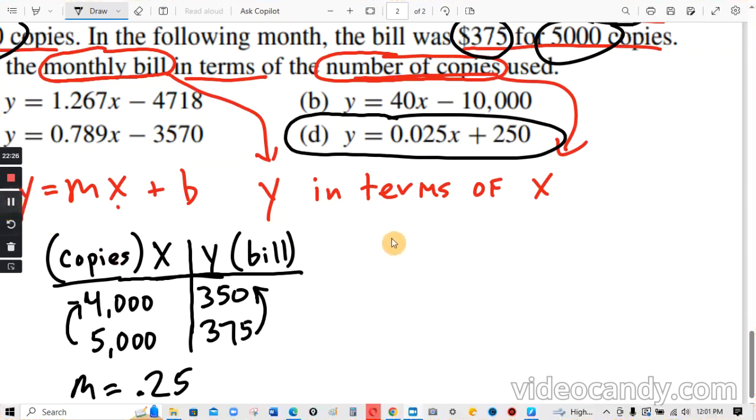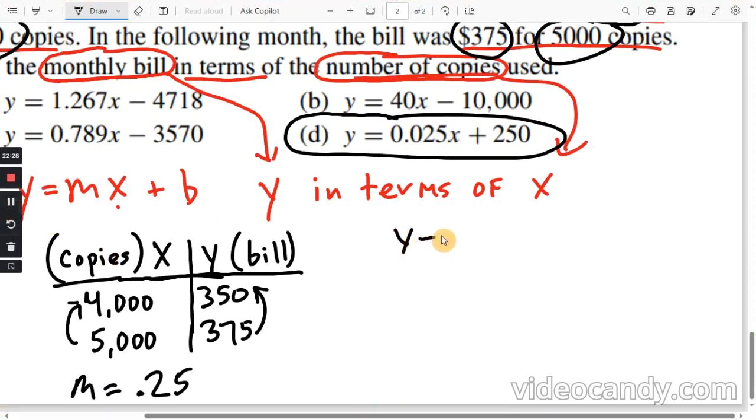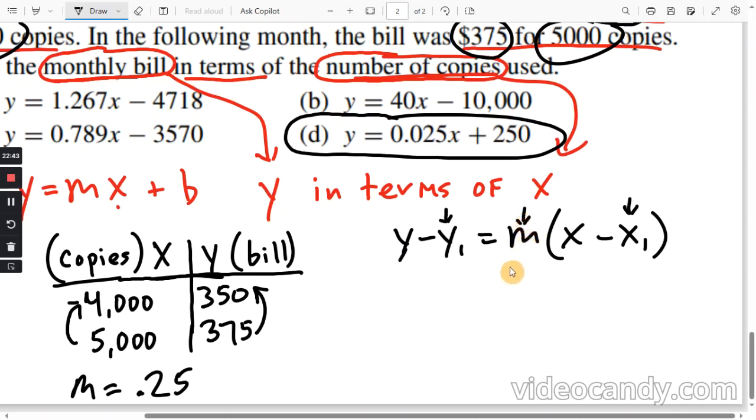All right, so I like y minus y1 equals m times x minus x1. You plug in 1 point at y1 and x1, and you plug in your slope. So we can use either one of these, but make sure you use the respective one.